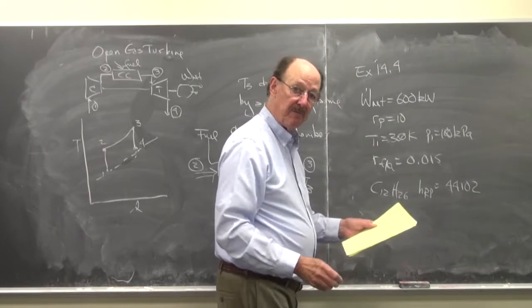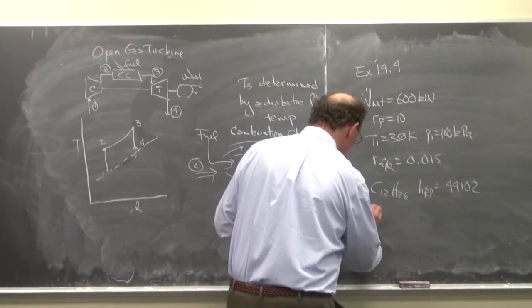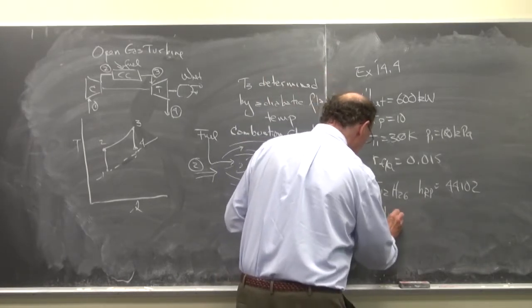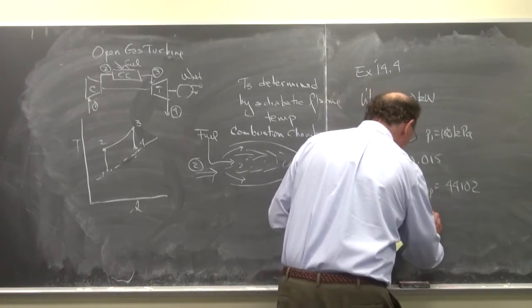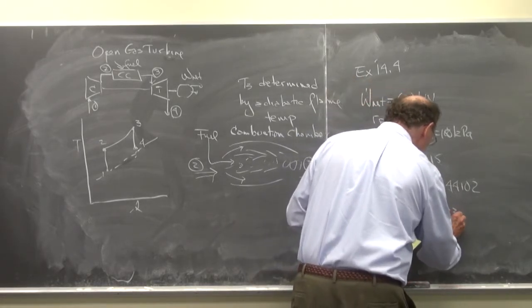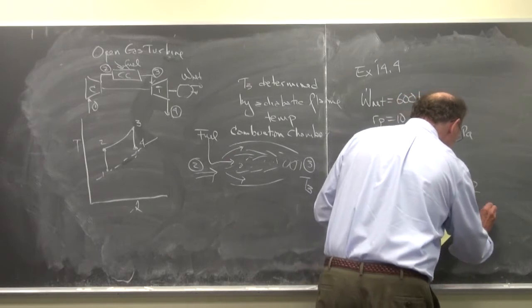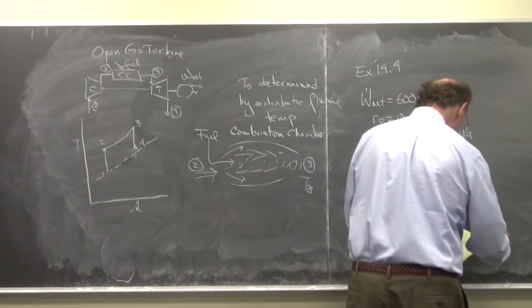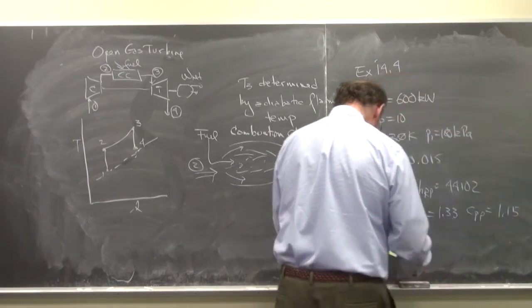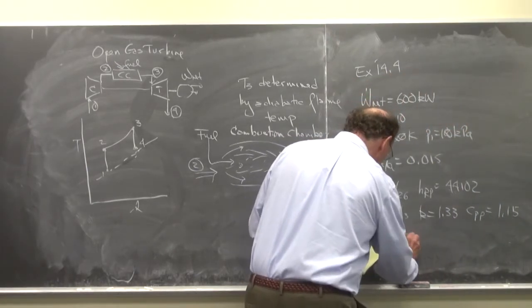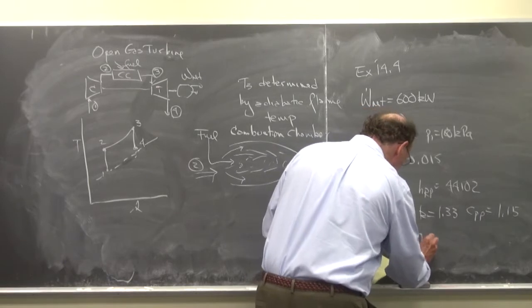We have for the products that K is equal to 1.33. C sub P of the products is equal to 1.15. And R is equal to 0.285.